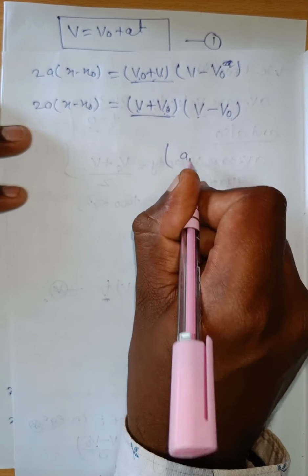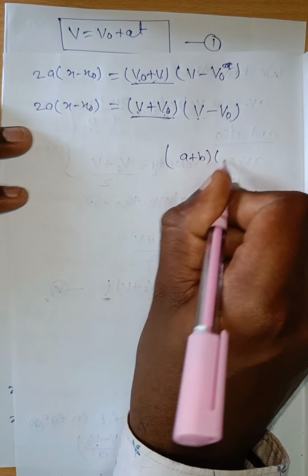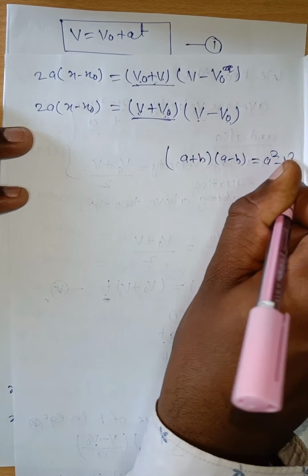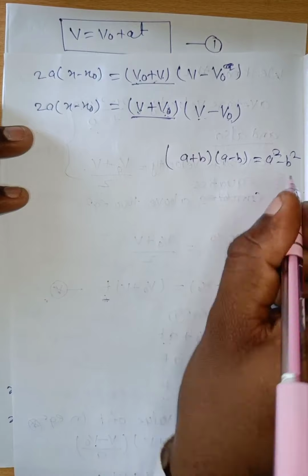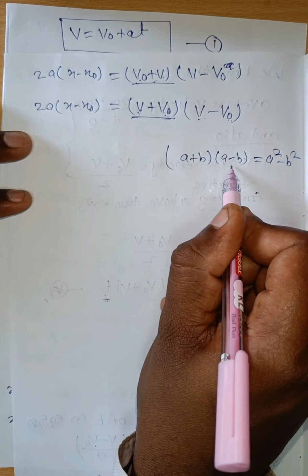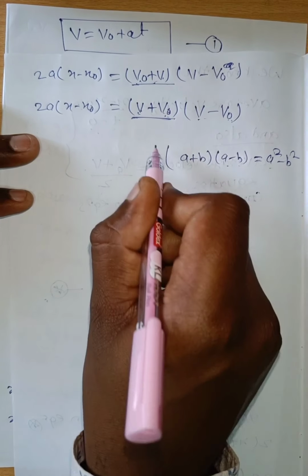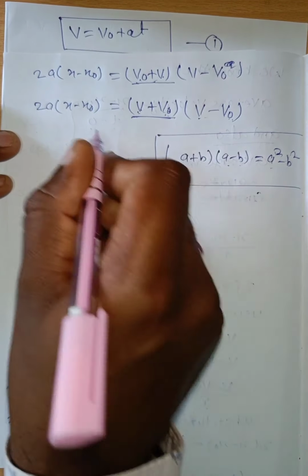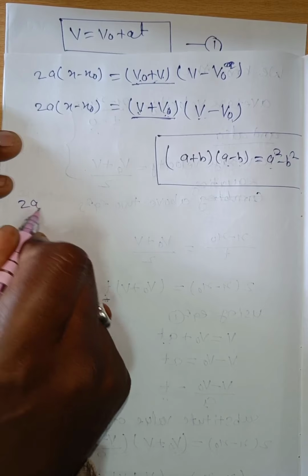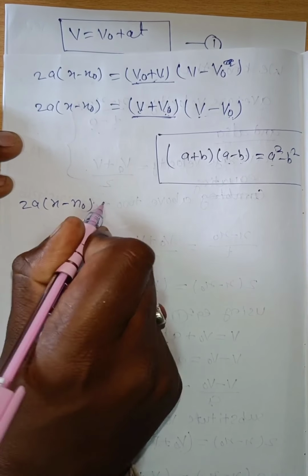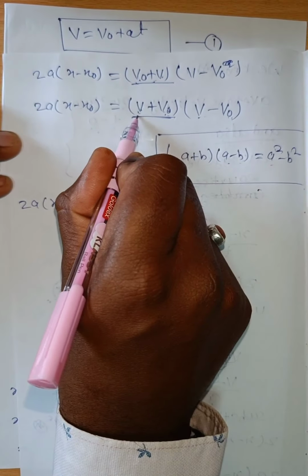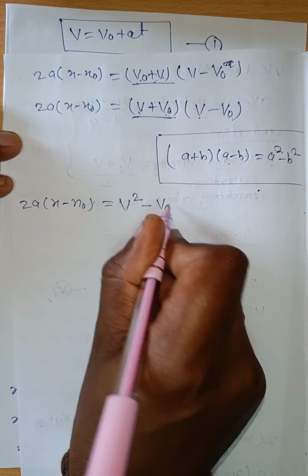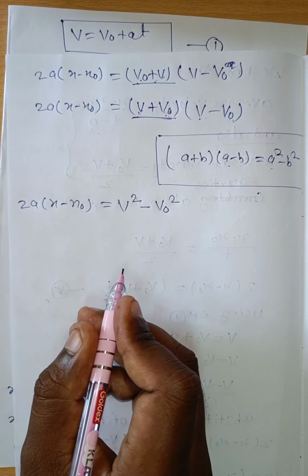In math, a plus b into a minus b, the formula is a square minus b square. Therefore, by using that formula we write 2a(x minus x naught) is equal to v square minus v naught square, where a is v and b is v naught.